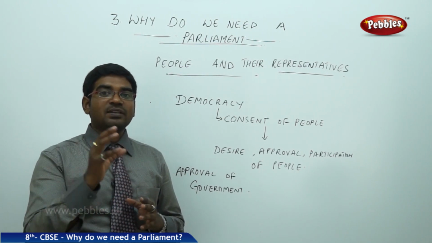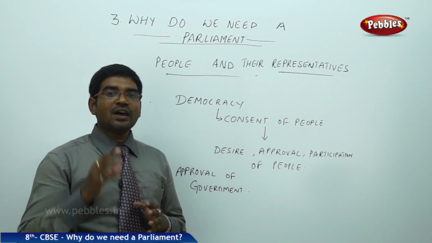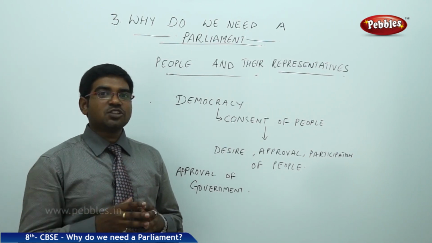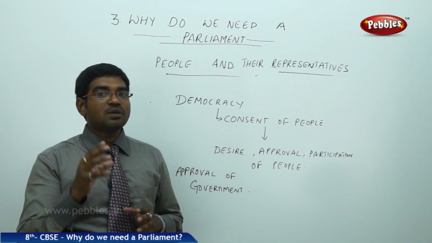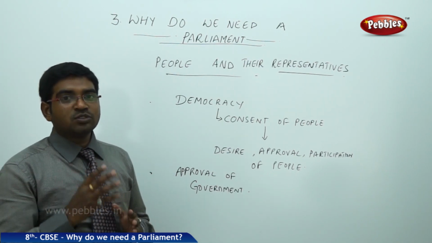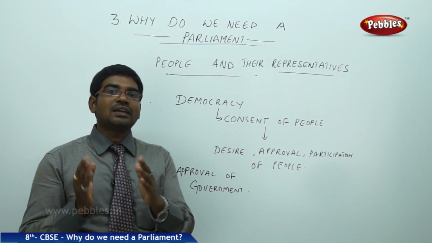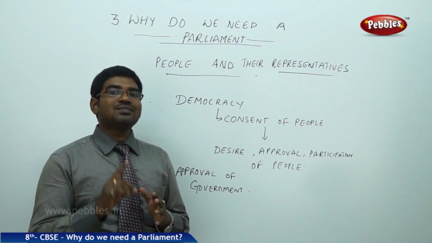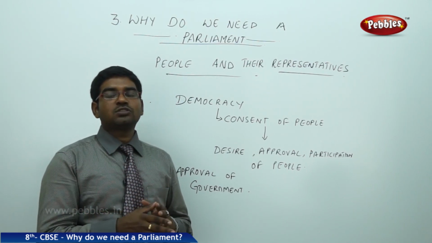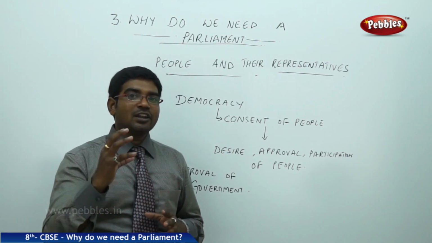The elected representatives of Lok Sabha, Vidhan Sabha and Vidhan Parishad, the state legislative assemblies, all together will elect the members of the Rajya Sabha. So these representatives will approve the bills of the government. The laws will become an act only once they are approved by the Lok Sabha and the Rajya Sabha. So Parliament plays a very vital role.